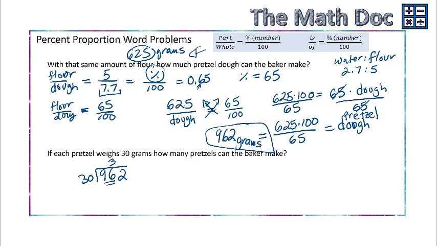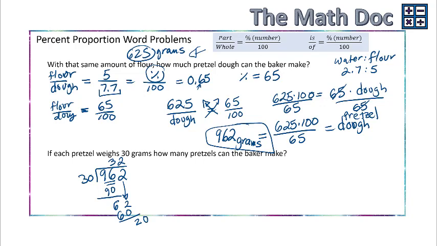Let's do 3 up here. 3 times 30 is just 90. We subtract and we get 6. We'll bring down our 2 here. How many times does 30 go into 62? Well, it goes in twice. 2 times 30 is 60. So we have 2 here.